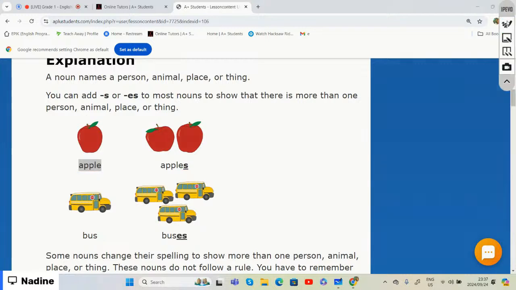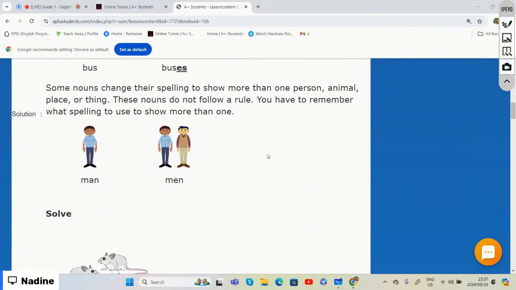But now, when it comes to irregular plural nouns, they change the spelling of the words to show that there's more than one person, more than one place, more than one animal, and more than one thing.